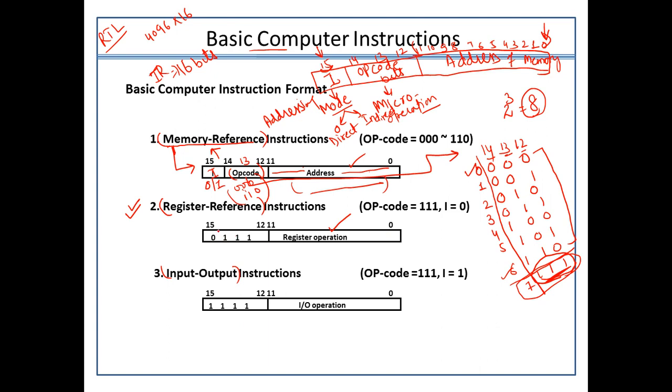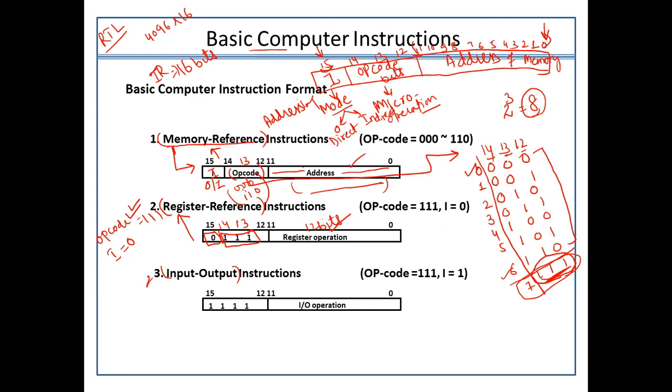Along with that, bits 12, 13 and 14 would always be 111, and the I bit, the mode bit, should always be 0. The opcode bits should always be 111, and any combination of these 12 bits will determine that this instruction falls under the category of register reference instructions.